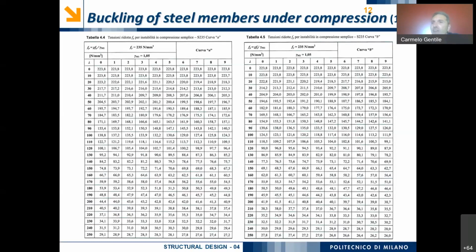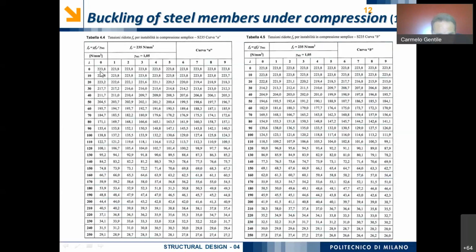Okay, if I change the slenderness, because for example I would like to change the length of my column, and I assume that the slenderness is quite low, for example 5. Corresponding to a slenderness of 5, I have 223.8.